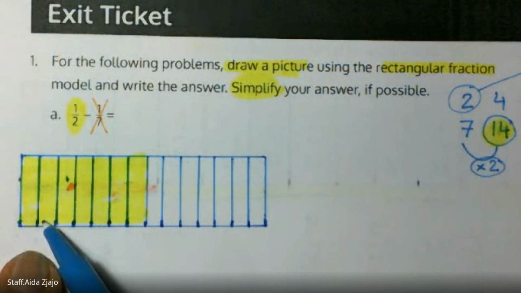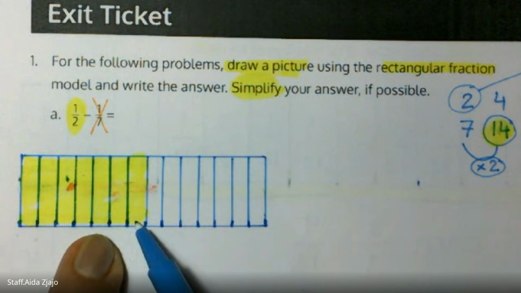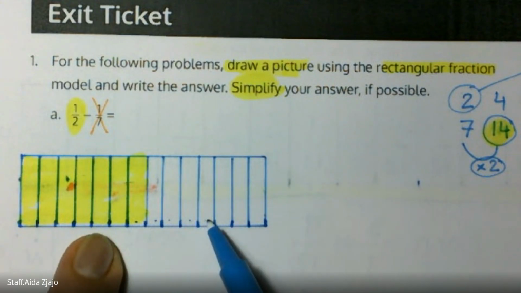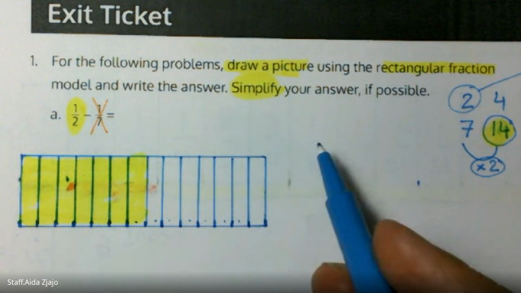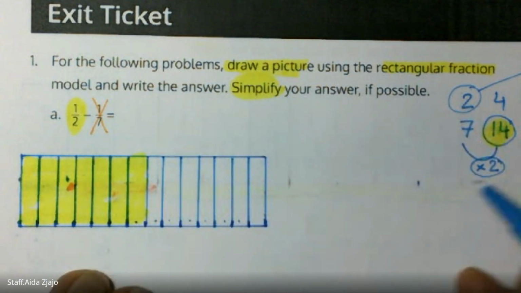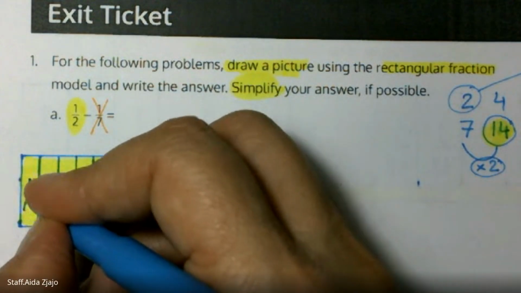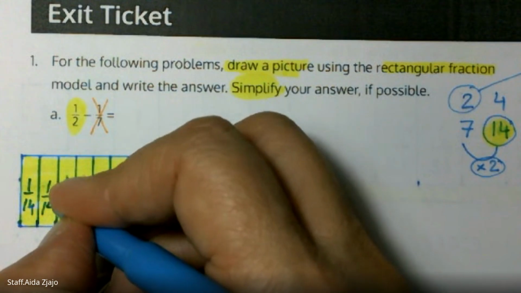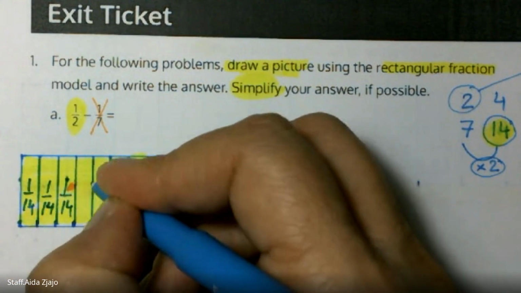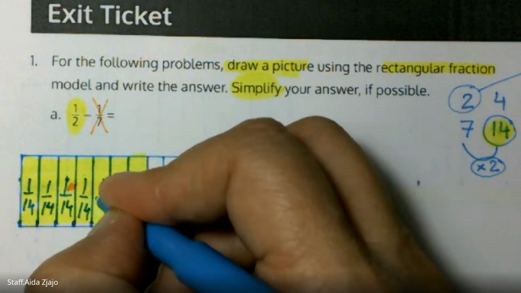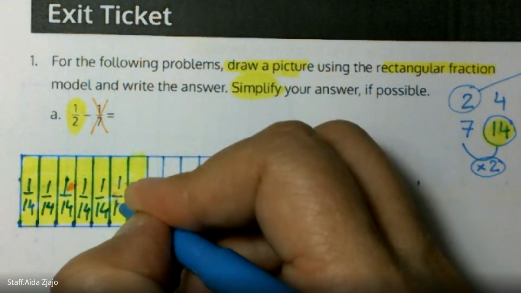Let's see. 1, 2, 3, 4, 5, 6, 7, 8, 9, 10, 11, 12, 13, 14. I was right. So each of them represents 1/14. So 1/14, 1/14, 1/14, 1/14, 1/14.